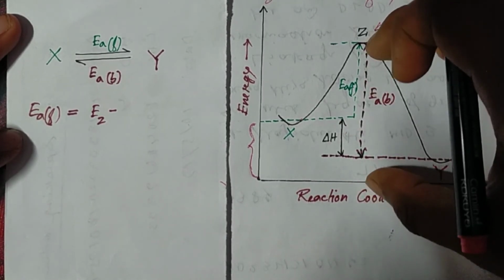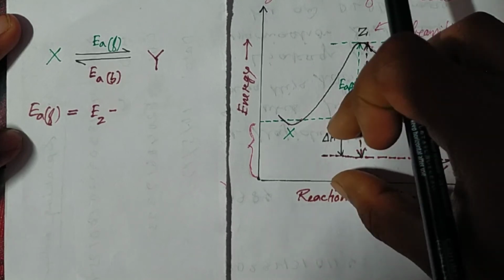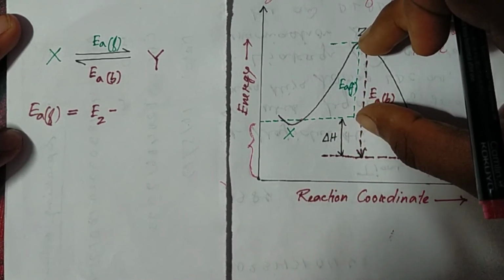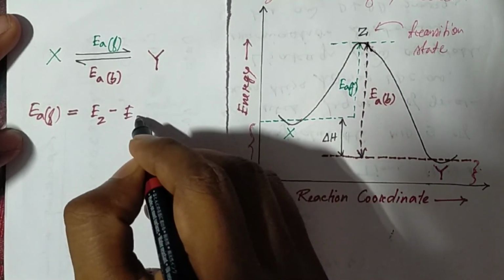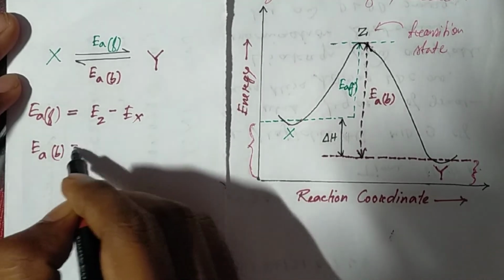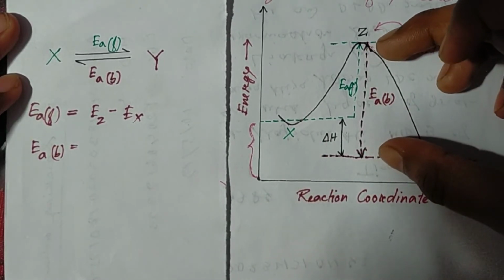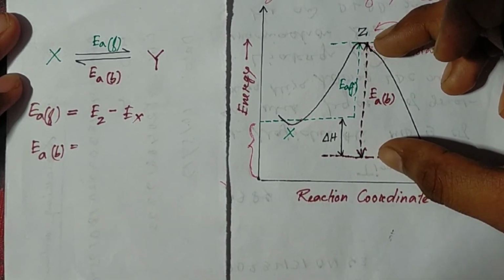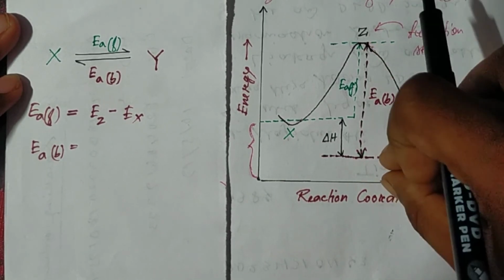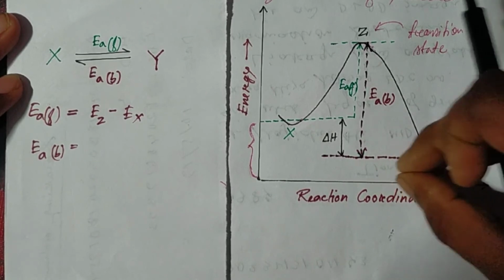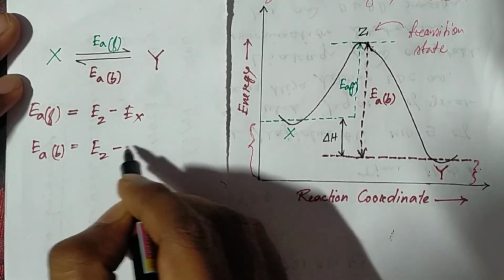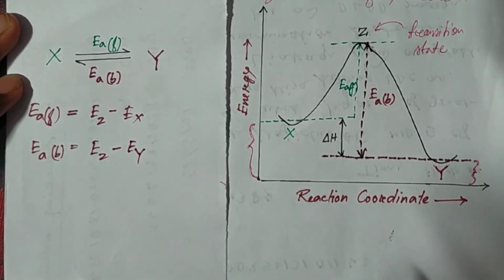When we subtract EX from EZ, we get this EAF. Next, EAB, in the backward direction, we want this EAB, so we subtract this much, EY. This is EY and this is EZ, so EZ minus EY.